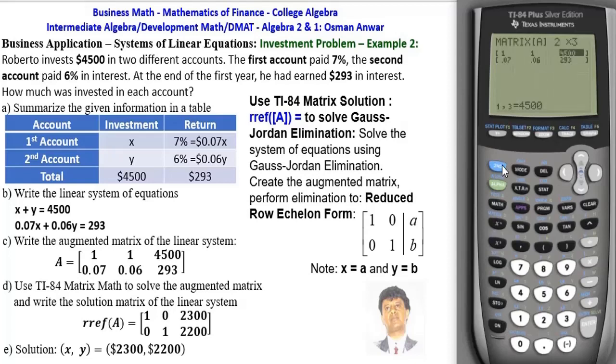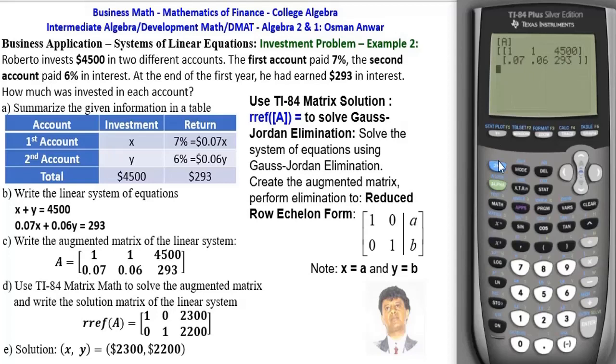Okay, so quit out of here, second quit, then do second matrix, hit enter, enter again, make sure your entries are correct. So it is 1, 0.07, 1, 0.06, 4,500, 293.